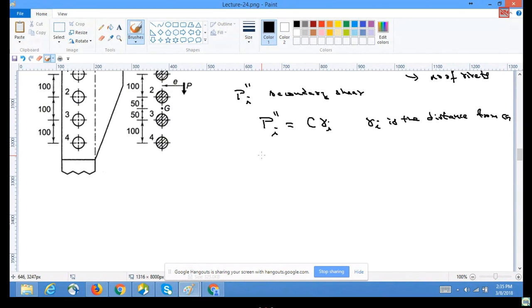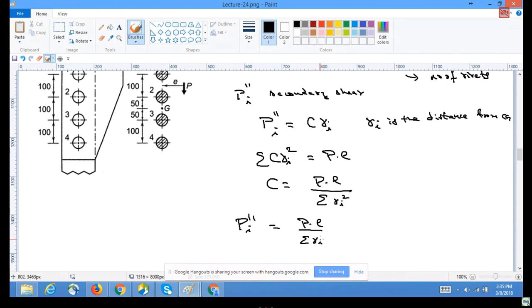So that means it is equal to P times E, or your C is given as P times E divided by summation Ri square. So your Pi double dash is given as P times E times Ri divided by summation Ri square, which will give you the secondary shear.